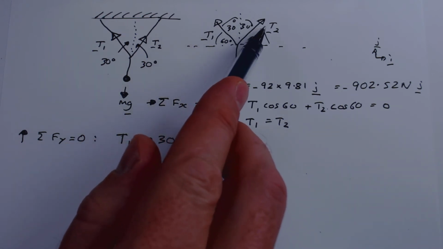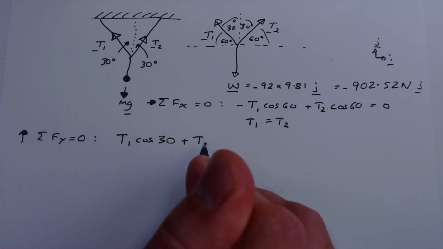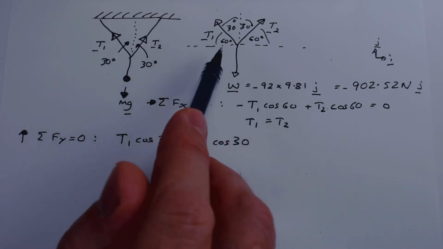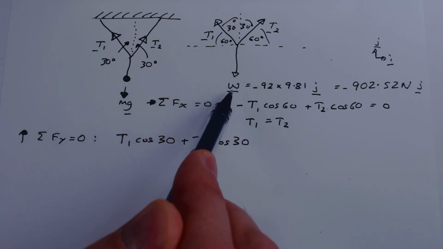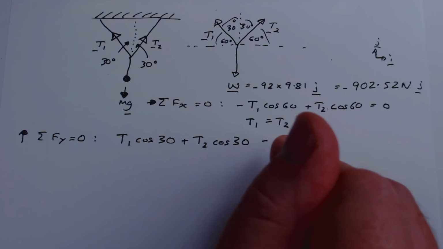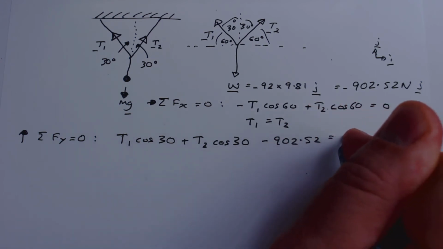Now I'm going to swing through this T2 to go upwards, and I have T2 cos 30. And then the other force I can see is this one going down, which is the weight force, and that weight force is minus 902.52, equals 0.